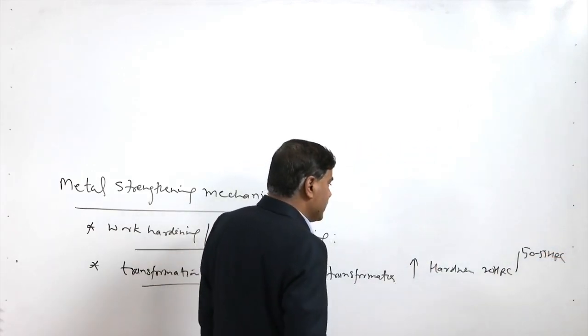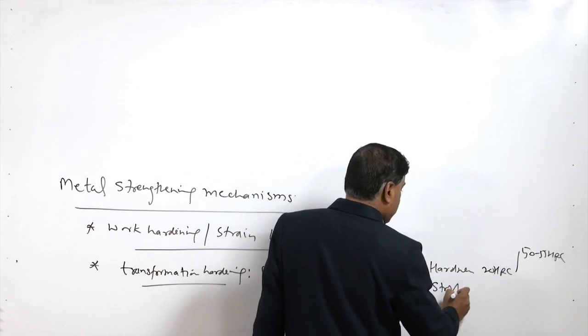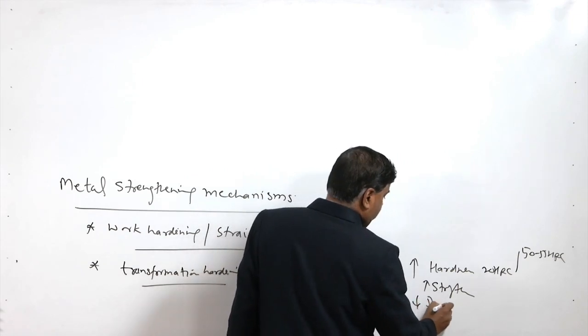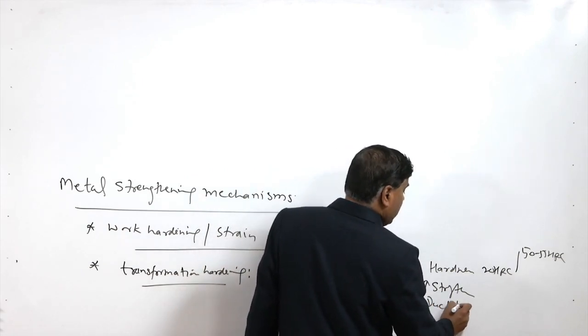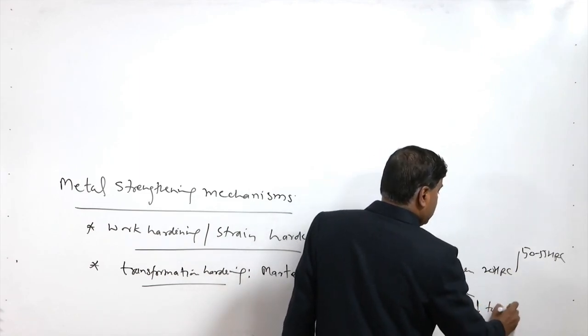that is the Rockwell hardness on C scale, and at the same time strength also increases, but at the cost of the ductility as well as the toughness. So, both these reduce.